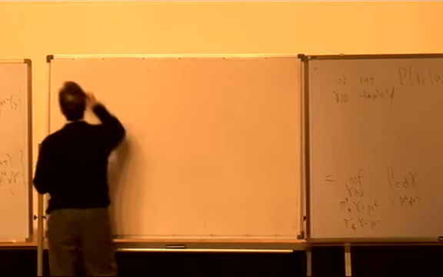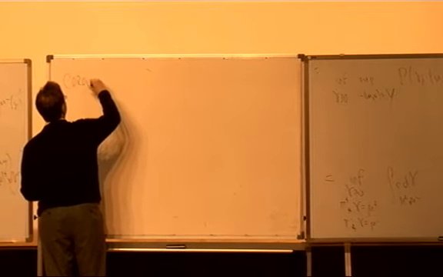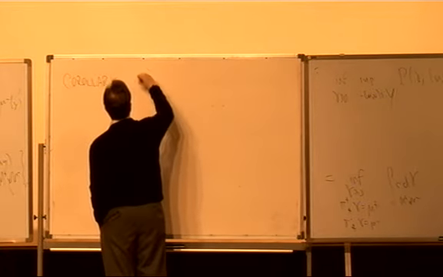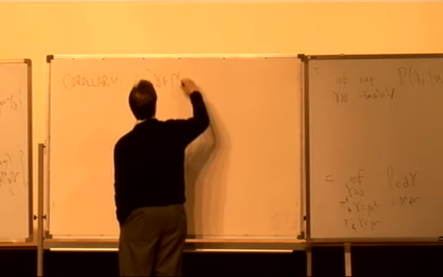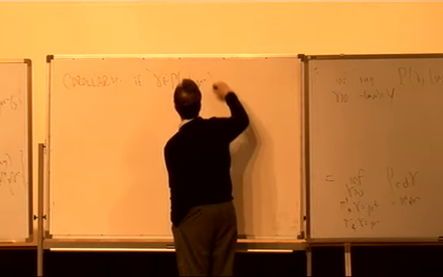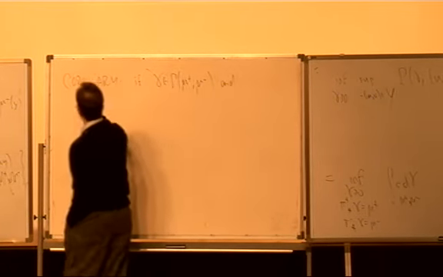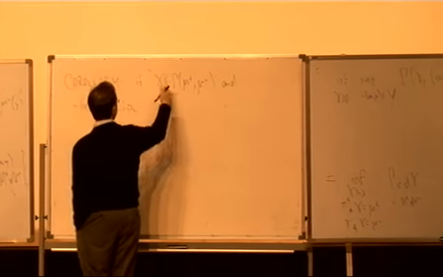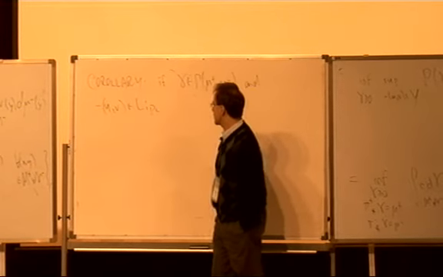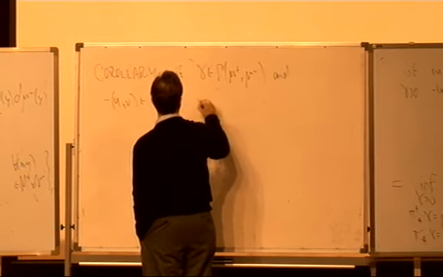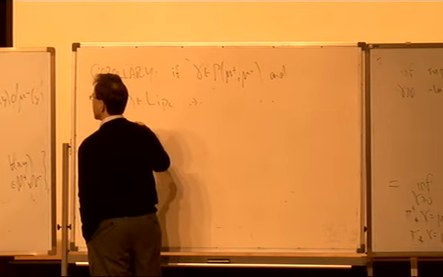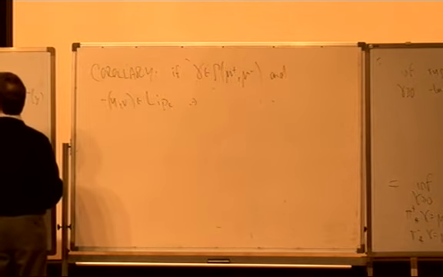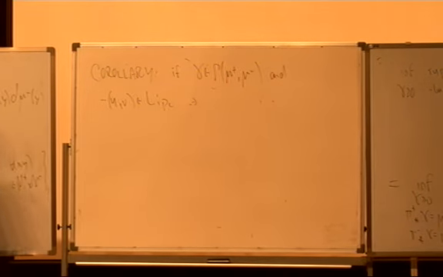So as a kind of corollary, suppose I have gamma, a feasible gamma and a feasible U and V, such that the left-hand side equals the right-hand side. So I could write this as an integral against gamma, and that is an integral against gamma, and bring it all over to the left.